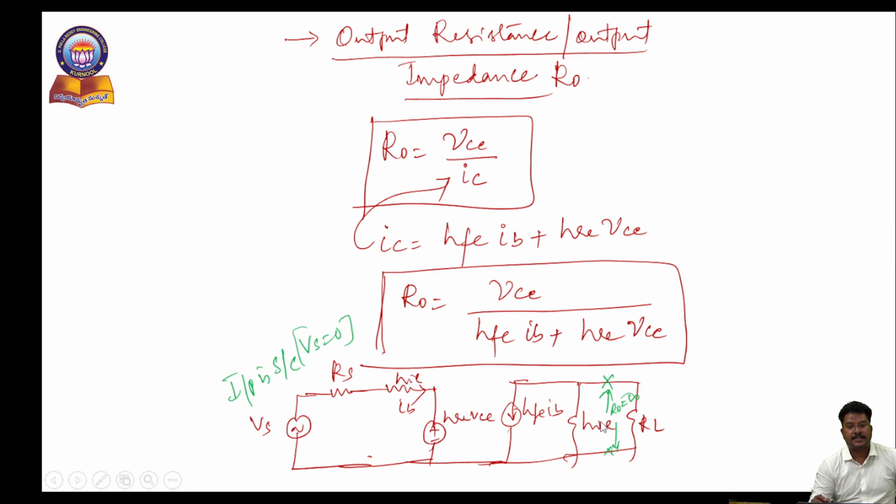These are the two conditions we have to apply in order to find the output resistance of the amplifier. After applying V_s equal to 0 and excluding R_L, we apply KVL at the input side.